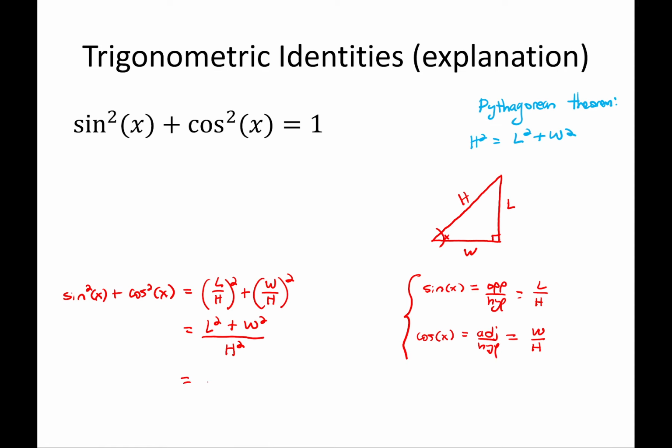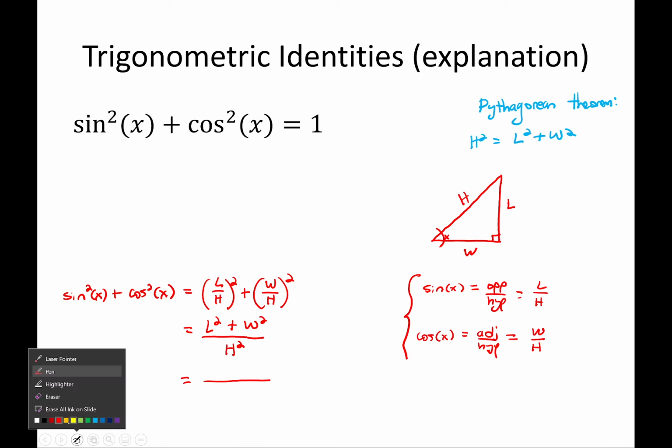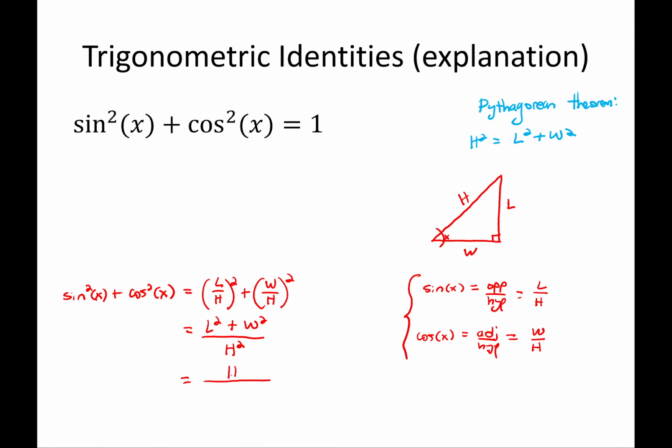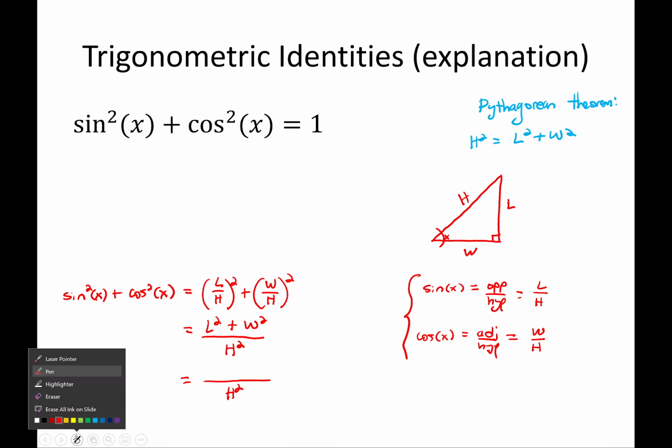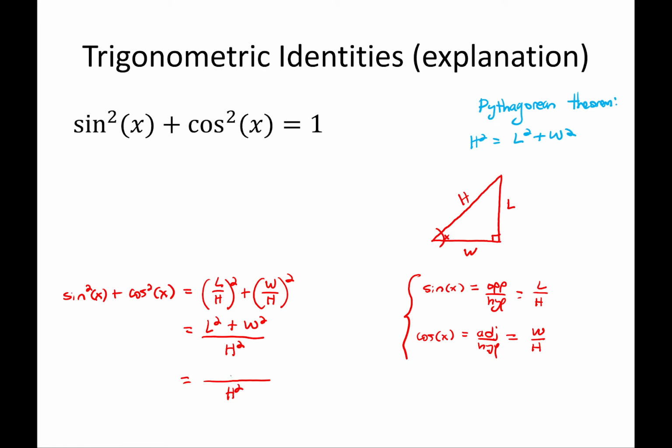So we have H squared over H squared, which is equal to 1. So that's where that identity comes from. Sine squared x plus cos squared x is equal to 1 for any x, for any angle.